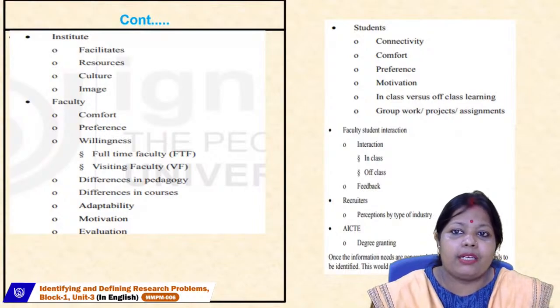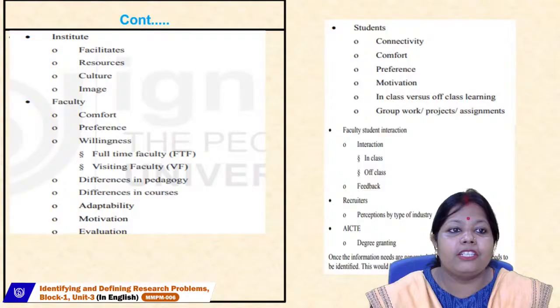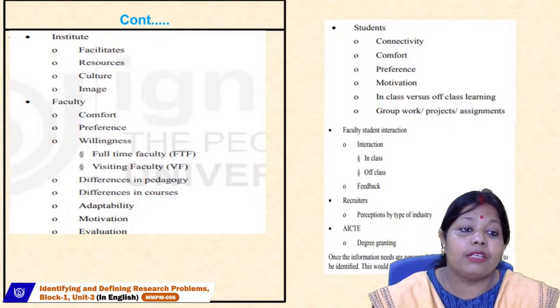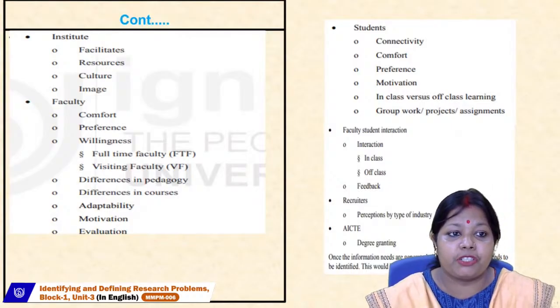So based on that model, these are the following questions. Under the institute, what does it facilitate, what are the resources the institute is giving, and what are the culture and image of the institute.